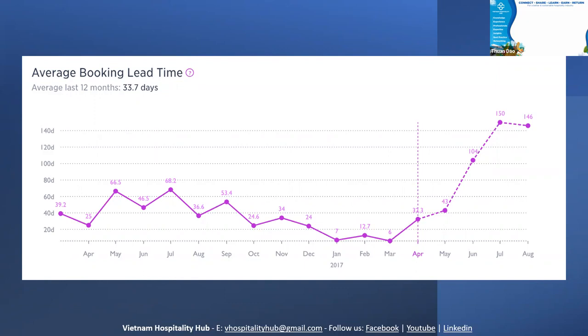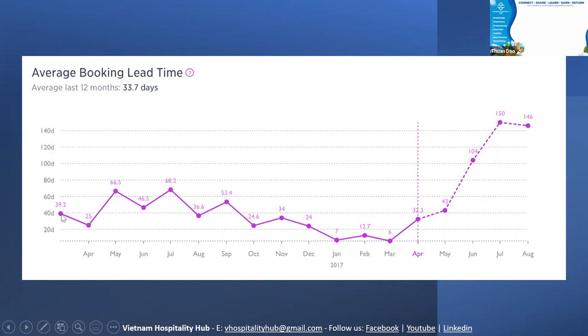In this chart, this is a visualization of the average by month. The number of days here is 40 days, 60 days, 80 days, 100 days, 140 days. This is the month of the year.